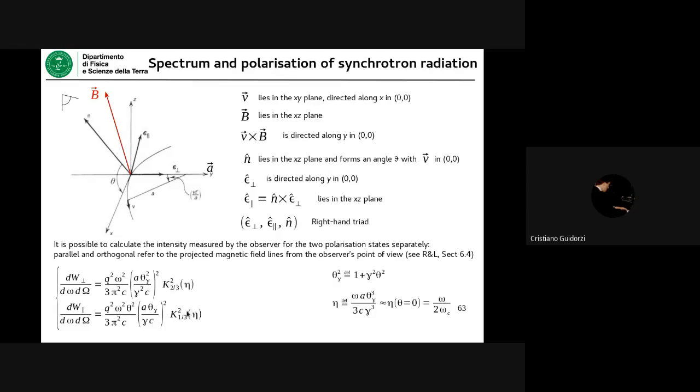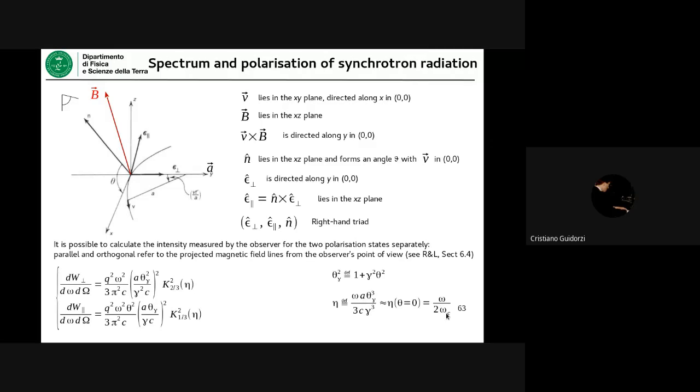So again, eta is a function of just the generic frequency at which you study the electromagnetic emission over the critical frequency. So again, the dependence on frequency always passes through a ratio, in units of critical frequency. This is also very important.